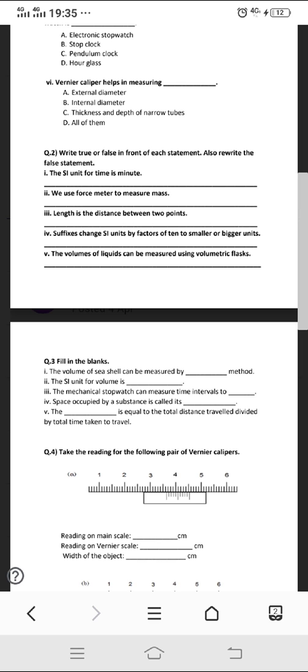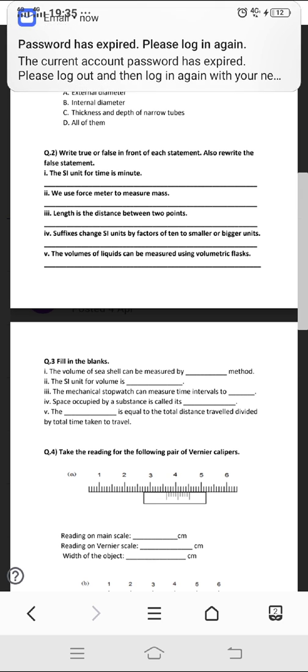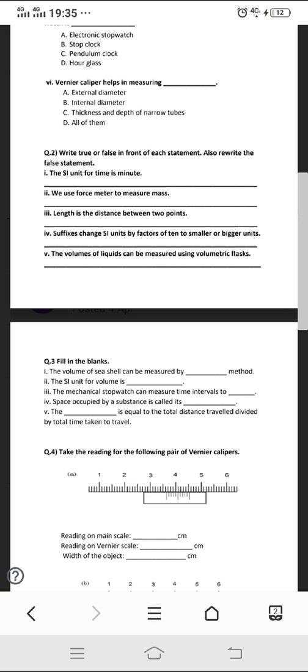If you again open your book, you'll see that there's a table which shows the prefixes. The literal meaning of the word prefix is the word that comes before another word, right? For example, if meter is a standard international unit, then you'll see that there is also another unit called millimeter. So milli is coming before the standard international unit, which is meter.